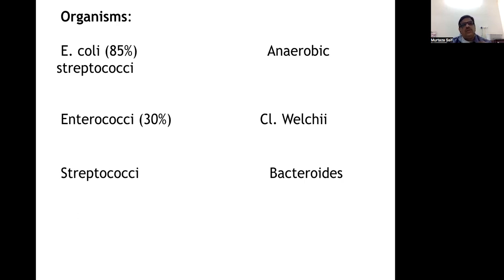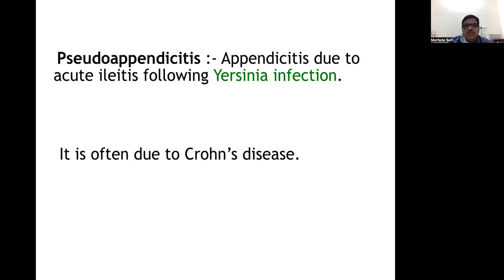Now come to the organisms. There are various organisms involved in appendicitis, but most common is E. coli, 85%, and streptococci. Enterococci 30%, streptococci, Clostridium welchii and bacteroides may also cause appendicitis.